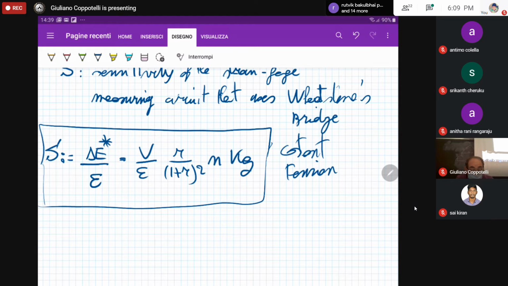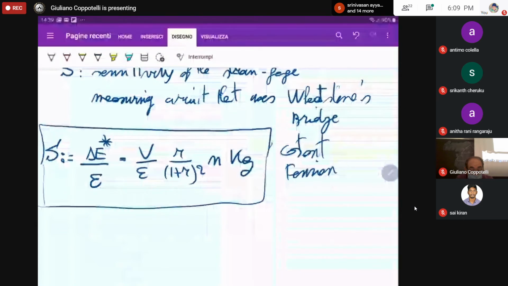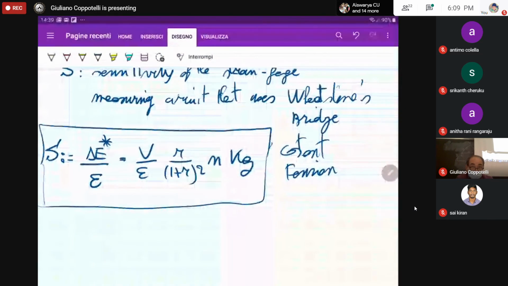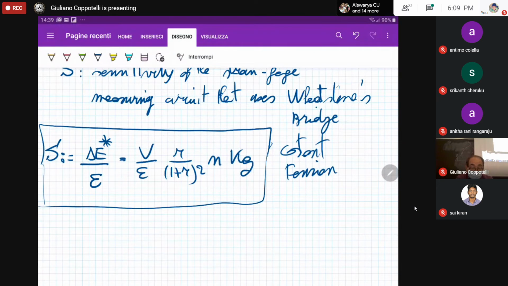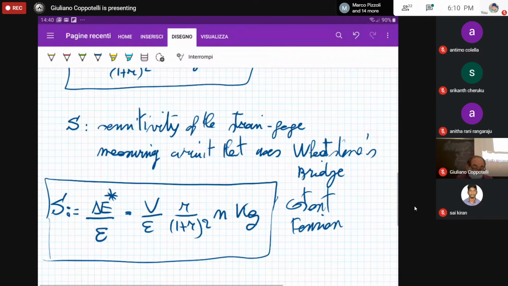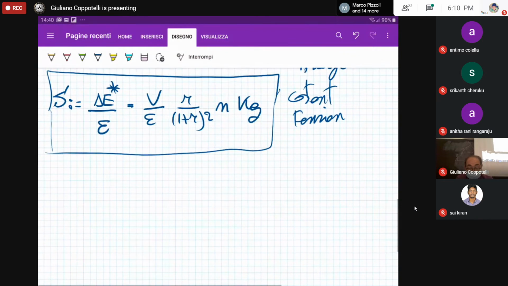Here the sensitivity is defined as the ratio between the output and the input. The output is your output tension, the input is the strain, that is equal, just going back here, to this relation, to what remained out of this relation.